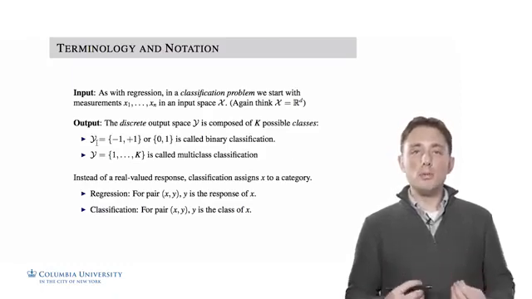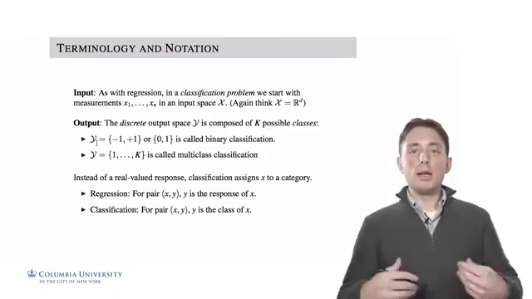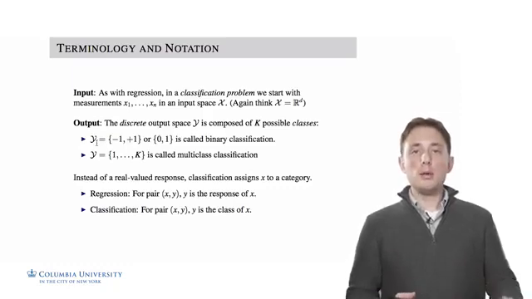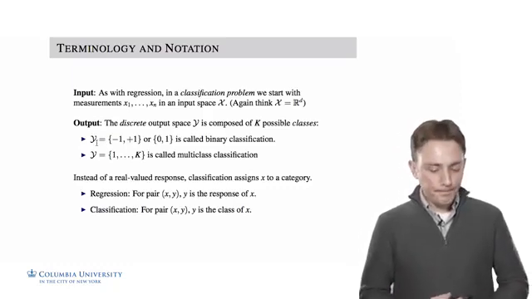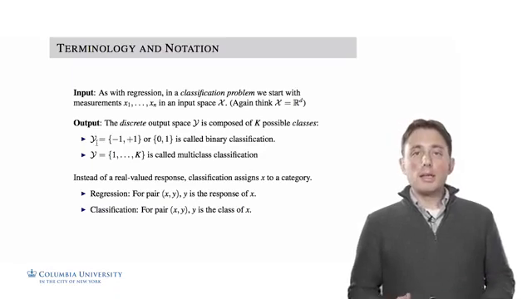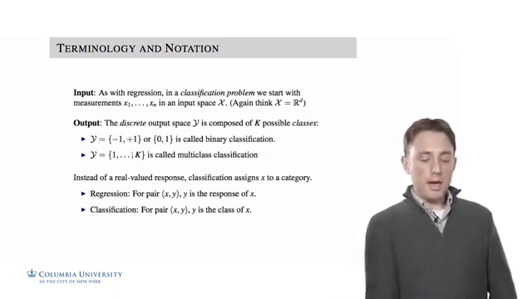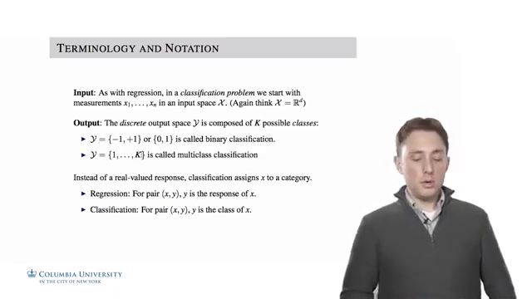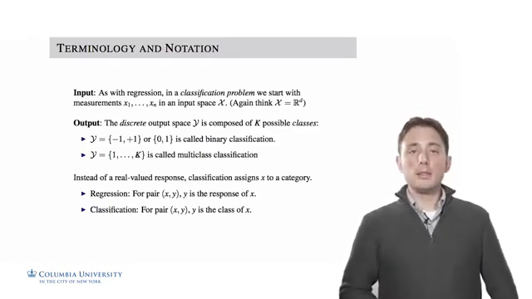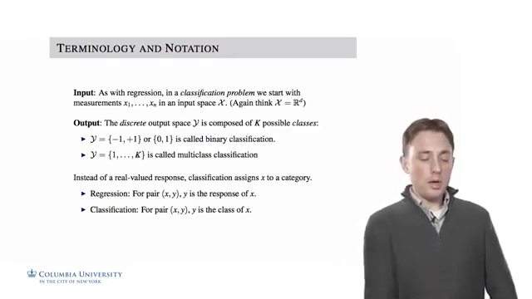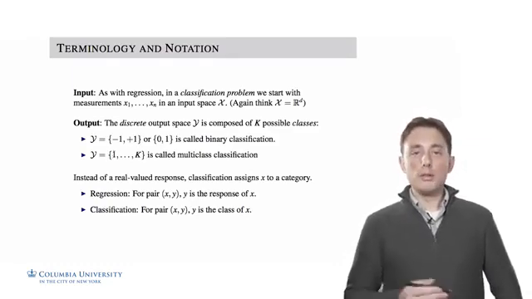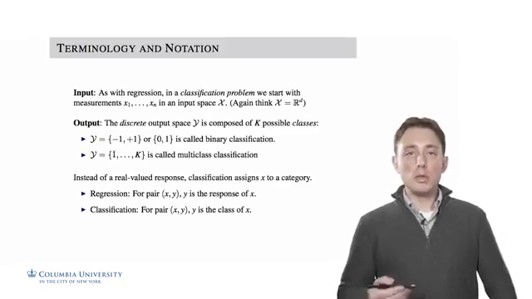And so the input would be the email, and the corresponding output, the y, would be a label of spam or not spam. For multi-class classification, we simply have multiple classes. So for example, a k-class classification problem would assign the input to one of k possible groups or classes.